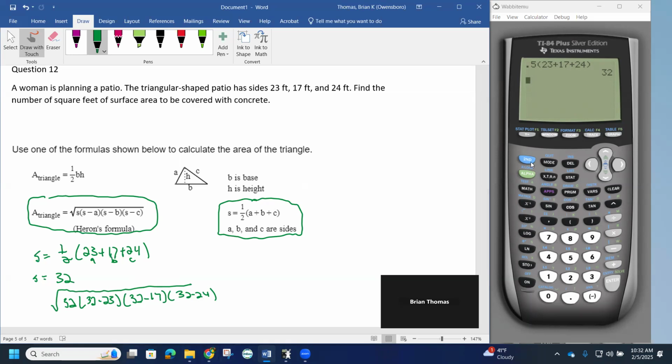So I'm going to hit second square root, 32, parenthesis, then 32 minus 23, then in parentheses 32 minus 17, and then in parentheses 32 minus 24.